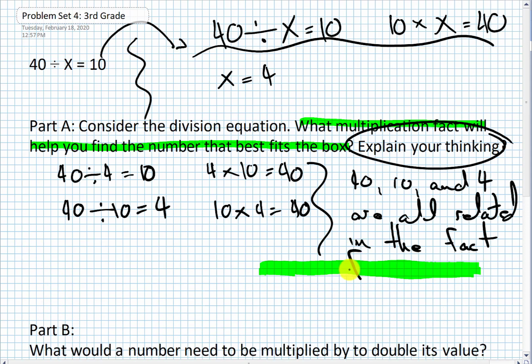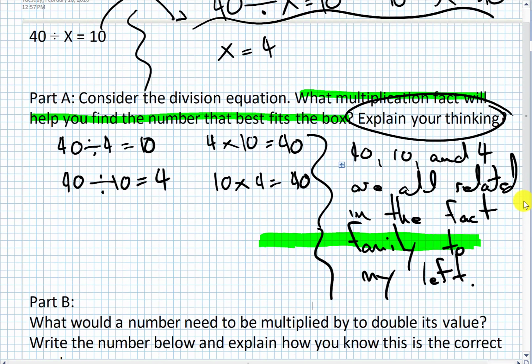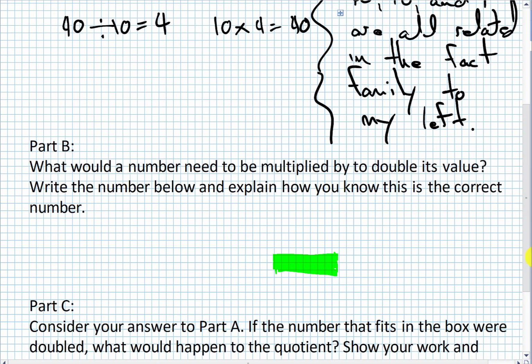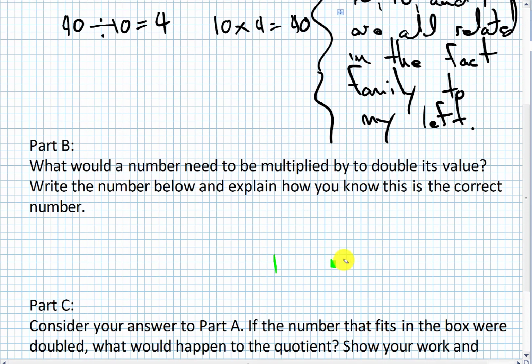The fact family to my left. Okay, and that seems to me to be a pretty straightforward explanation of what's going on there. Let's erase the green here, and then let's get down to part B.